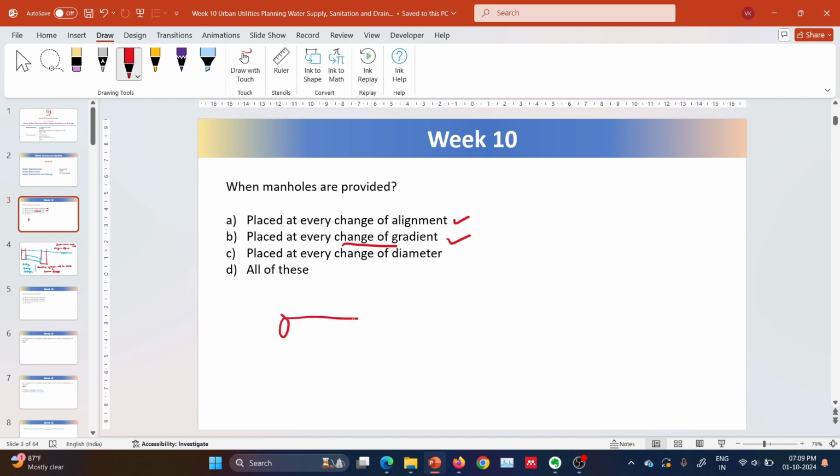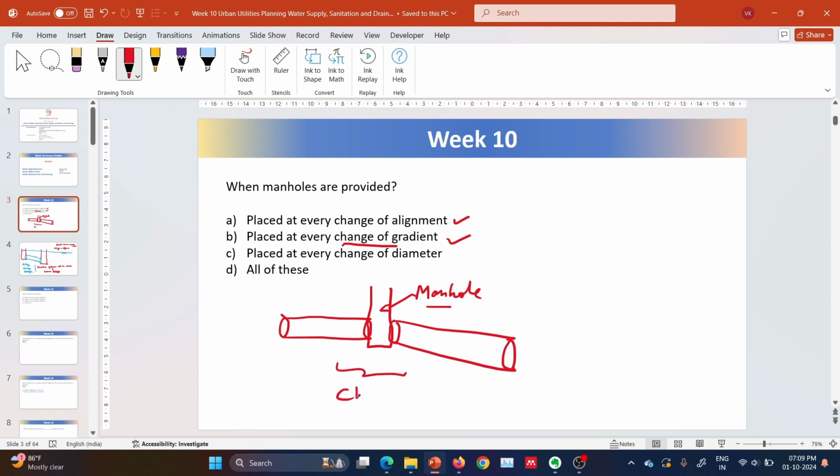Suppose the gradient is small here, and now we need to provide a higher gradient. Better we provide a manhole because there is a change in gradient.